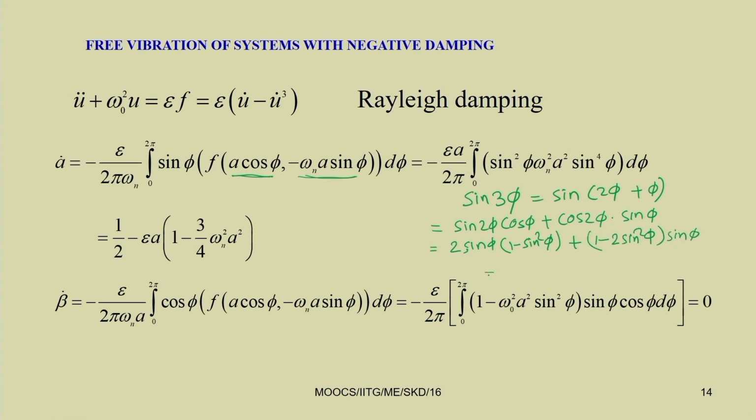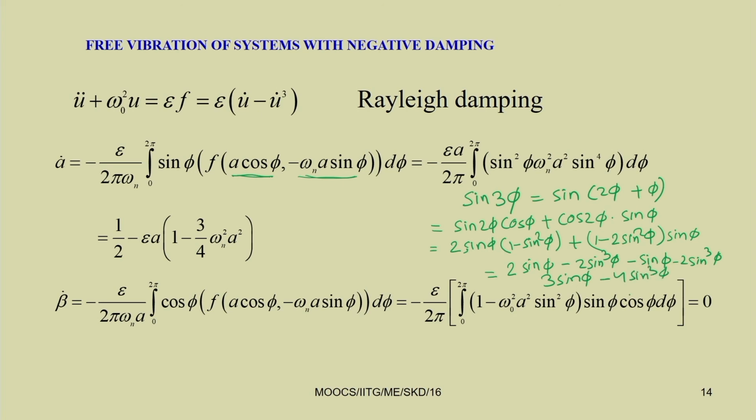You can write this equal to 2 sin phi minus 2 sin cube phi. Here you got this minus sin phi minus 2 sin cube phi. This becomes 3 sin phi minus 4 sin cube phi.